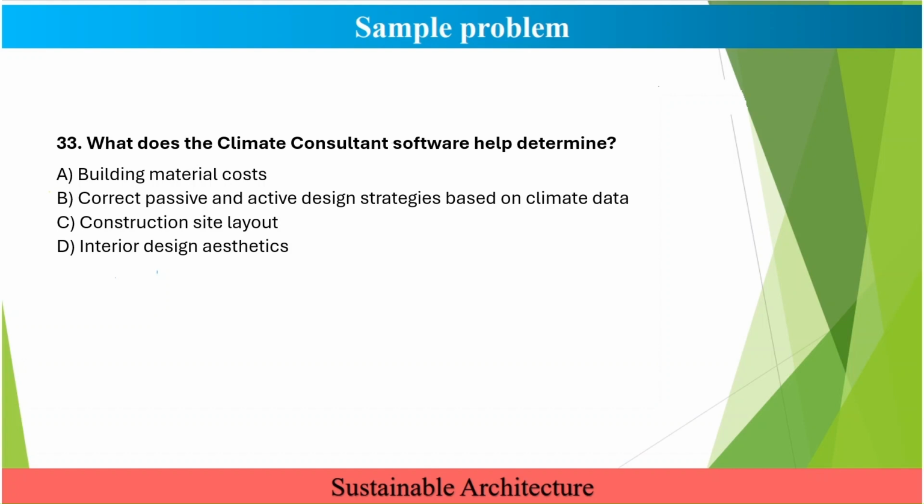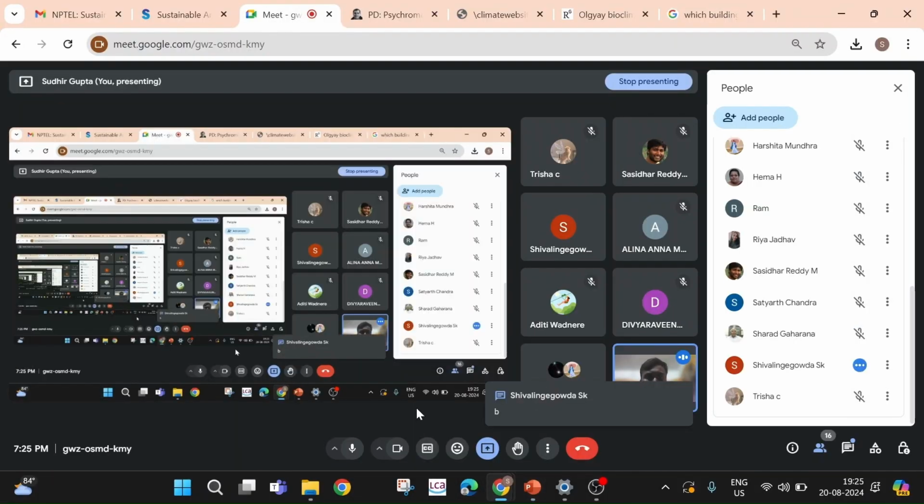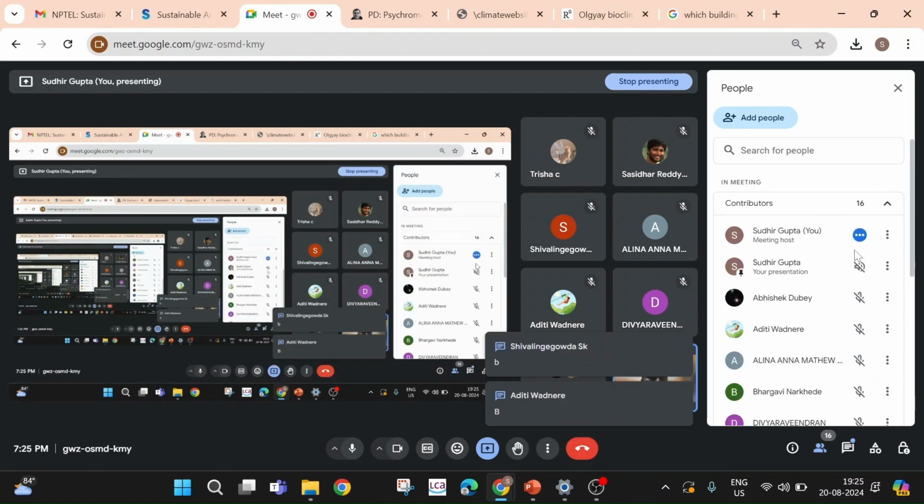B. Correct passive and active design strategies based on climate data. Okay, let me see if somebody wants to join. No. So the correct answer is option B.